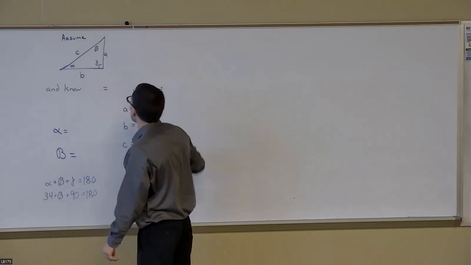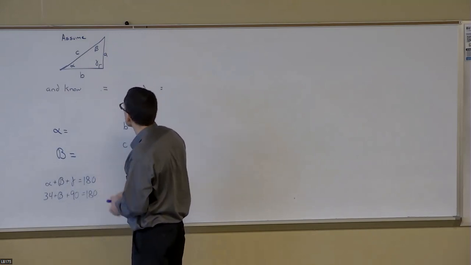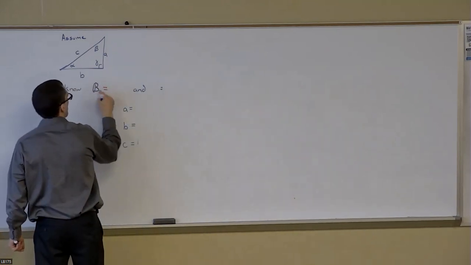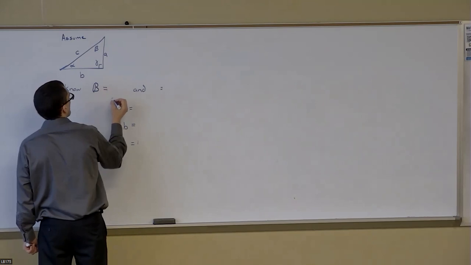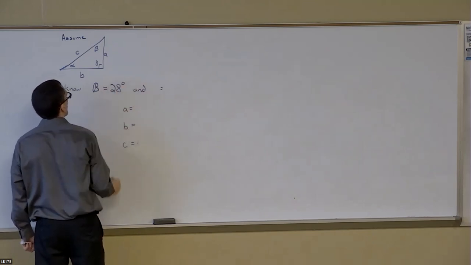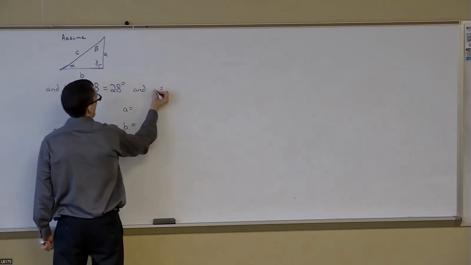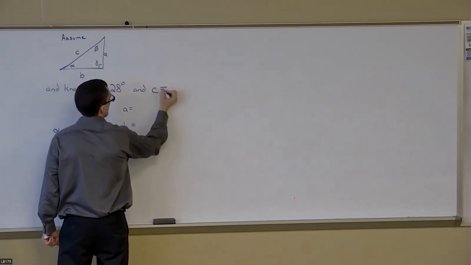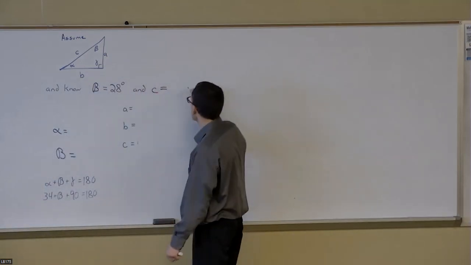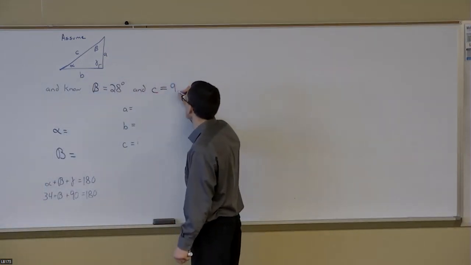Let's say that I know beta is 28 degrees. And I know that my hypotenuse is length 9.35.